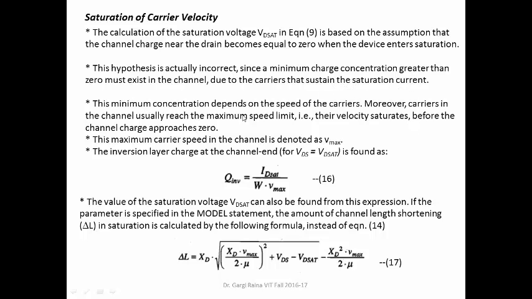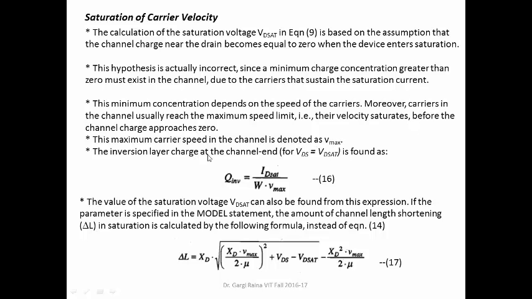The minimum concentration depends on the speed of the carriers. Moreover, the carriers in the channel usually reach the maximum speed limit, that is, their velocity saturates before the channel charge approaches zero. So the maximum carrier speed in the channel is denoted as Vmax.